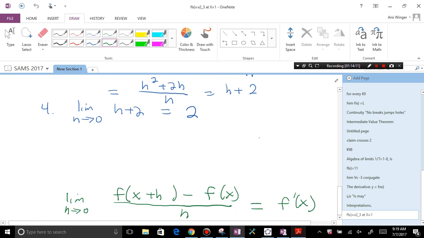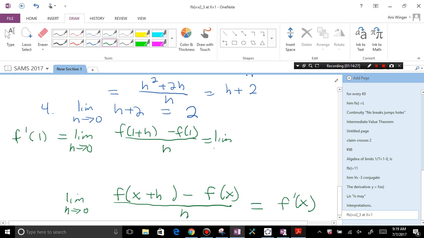Some people just like to write it all in one line and say f prime of 1 is the limit as h tends to 0 of f of 1 plus h minus f of 1 all over h, which is equal to the limit as h tends to 0, and then they do 1 plus h squared minus 3 minus 2 all over h, which is equal to, and they just write it as one line all the way until you get to 2. And if you want to do that, that's great.